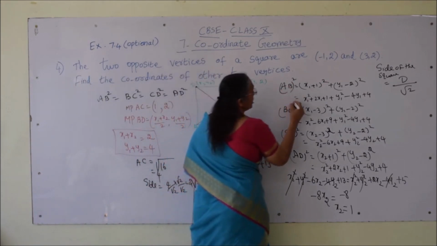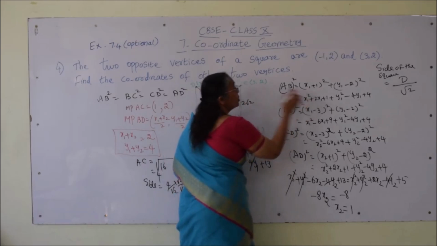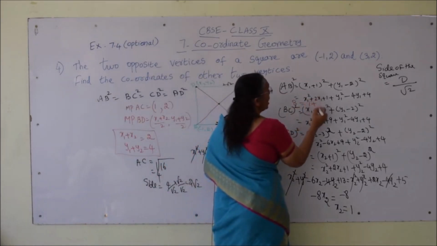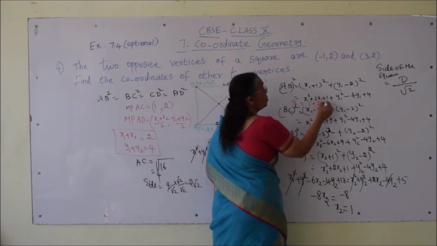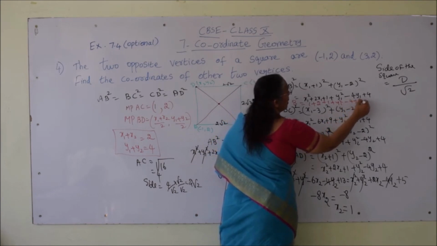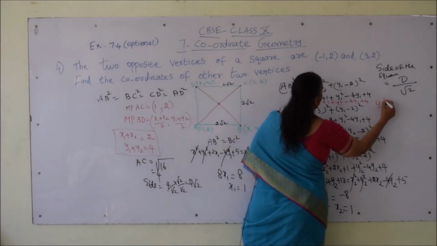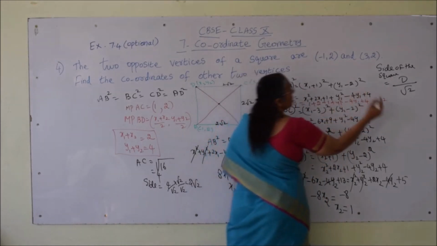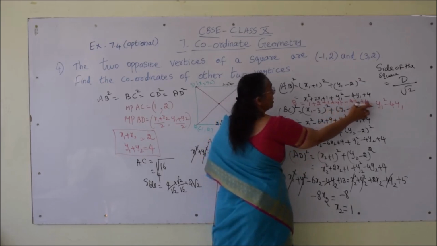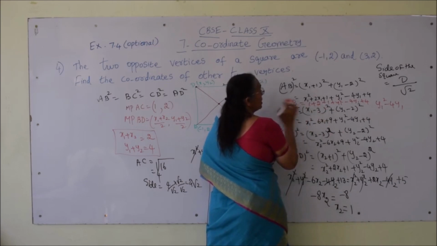AB square is 8, that is 2 root 2 whole square, equals x1 square, where the x1 value is 1, plus 2 times x1, 2 into 1, plus 1, plus y1 square minus 4y1 plus 4. This simplification will give y1 square minus 4y1, and the constant term 4 plus 1 is 5, plus 2 is 7, plus 1 is 8.